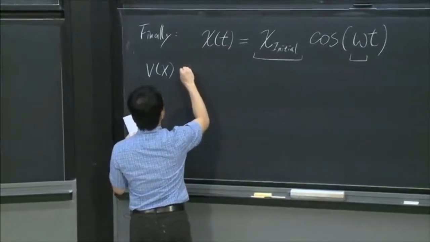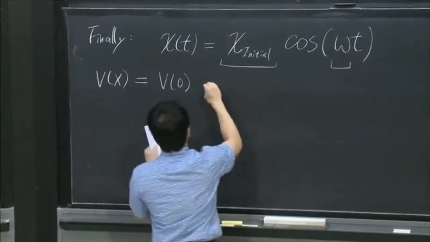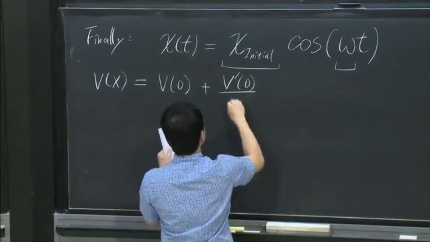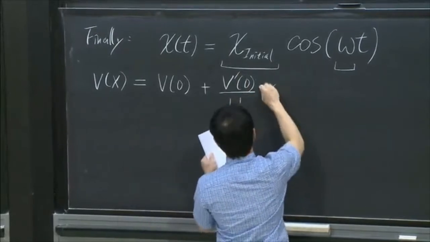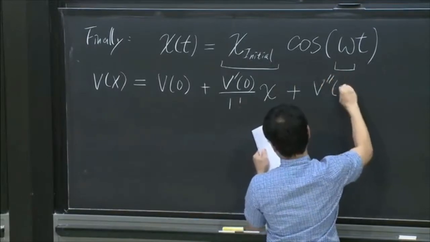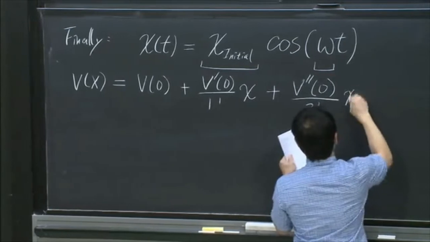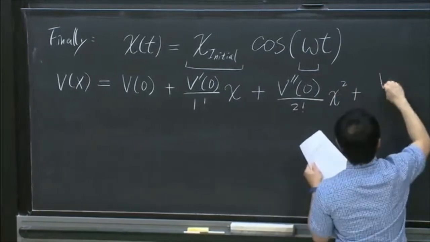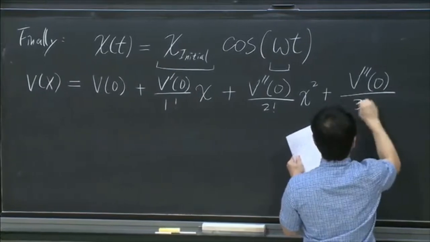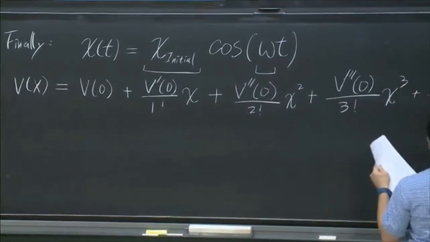So basically, V of x will be equal to V of 0 plus V prime 0 divided by 1 factorial times x, plus V double prime 0 over 2 factorial x squared, plus V triple prime 0 divided by 3 factorial x to the third, plus an infinite number of terms.